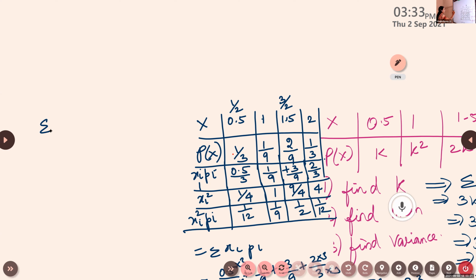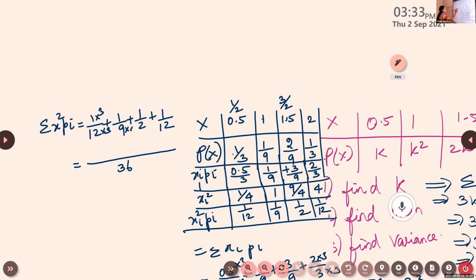So next we want to find sigma x square into pi. That is 1 by 12 plus 1 by 9 plus 1 by 2 plus 1 by 12. I think the common LCM you can take will be 36. So here you multiply by 3, here multiply by 4, here multiply by 18, again multiply by 3.